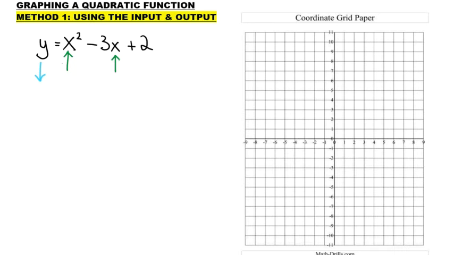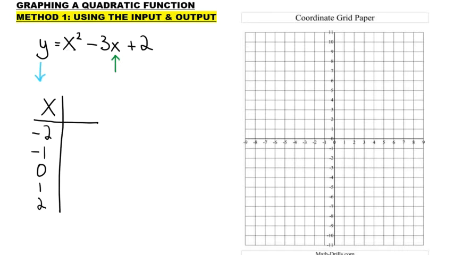If we know that we can input anything into the x, then we may as well just choose some numbers at random. -2, -1, let's go with 0, let's go with 1, let's go with 2, and let's see what we get for our y variables. Remember, we can always input anything into the x because we'll get an output in the y.